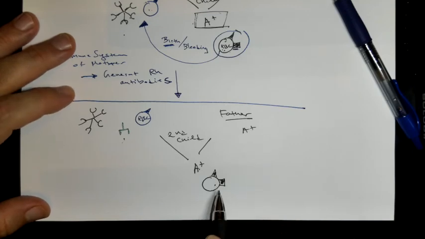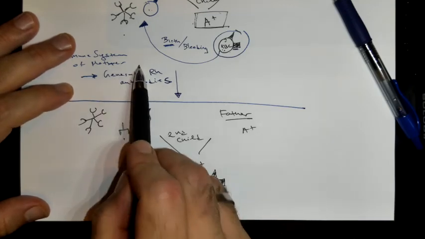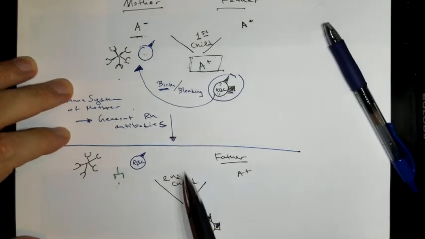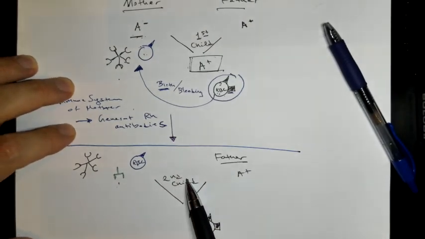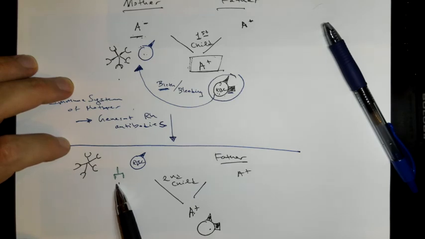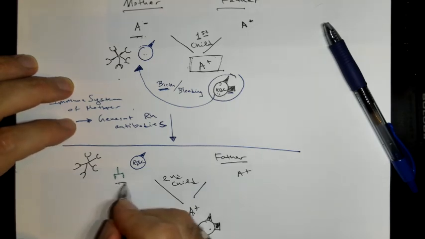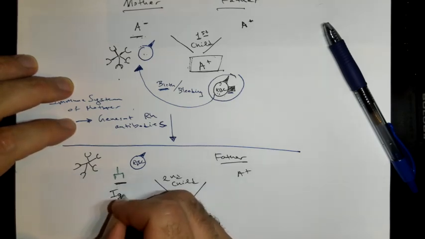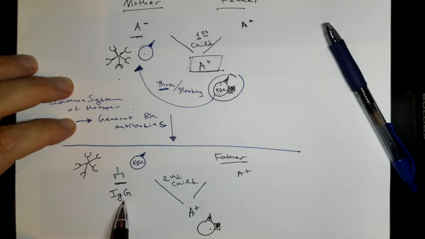And now we want to ask ourselves, has anything changed from round 1 to round 2? And of course, yes, there has been a change. And this is an IgG. And IgGs are small enough to cross the placenta.